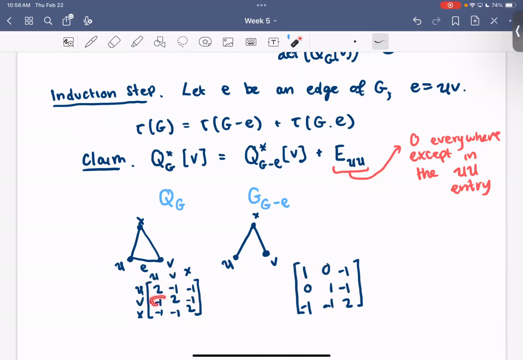The edges between U and V changed, right? But we deleted those rows and columns. So to obtain this matrix from this matrix, all I need to do is add 1 here, and that's given by this term. Does that make sense? So are we on board with the claim? Other questions?